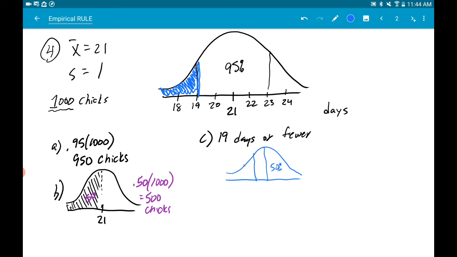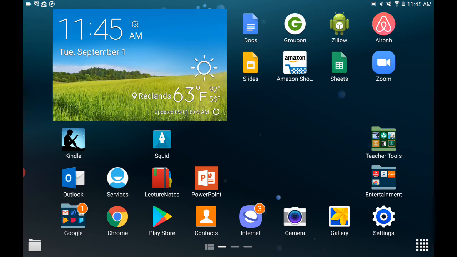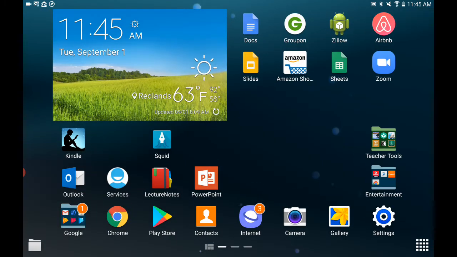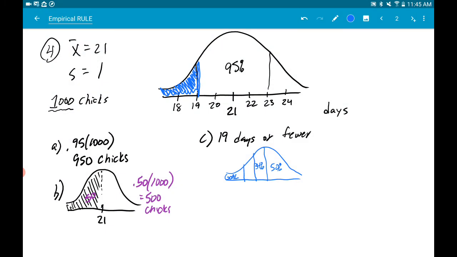I've got 2 standard deviations here, and then my goal is this percentage. It would be really nice to know what these 2 missing chunks are, and I honestly don't have them all memorized. I use my resources, but I know this is 34%. Then if I switch over to my cheat sheet, I know that the second one is 13.5%. So I'm going to fill that in here as 13.5. How am I doing on time? Doing okay.